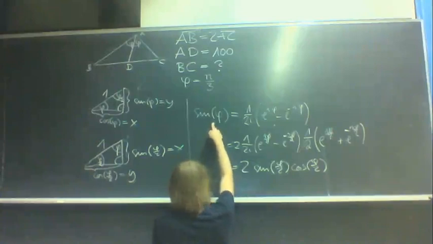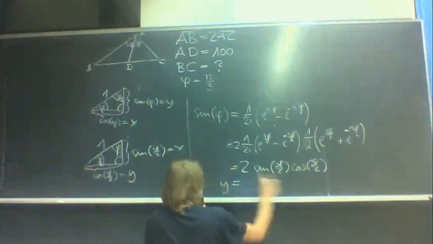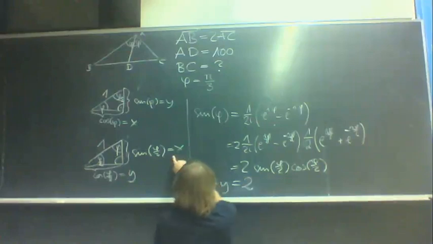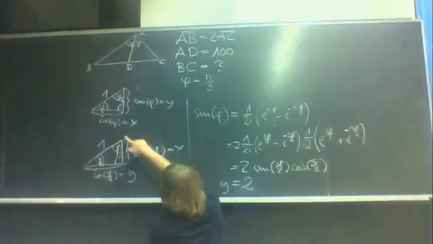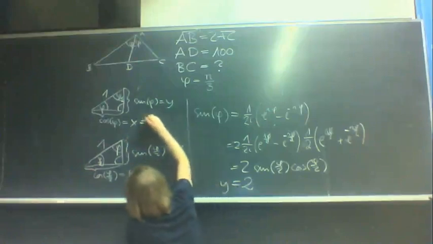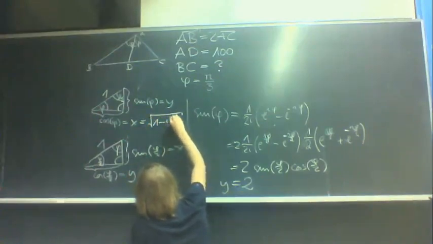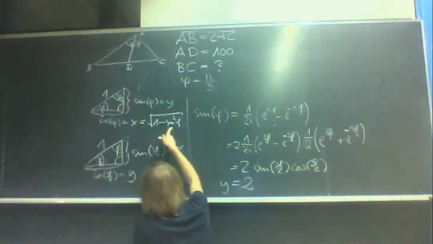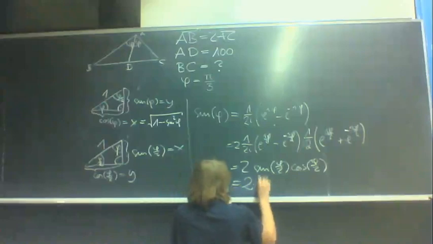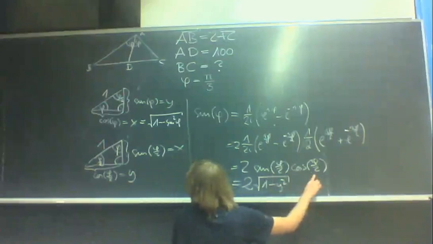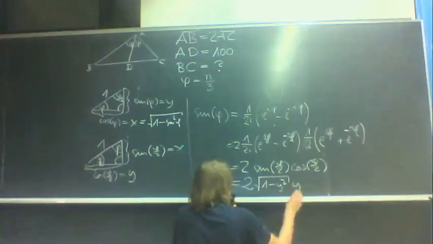And since we know this is y, and those are 2 times x, but x is nothing but cosine of phi, and cosine of phi is the square root of 1 minus sine squared of phi, but sine squared of phi is just y squared, so we have the square root of 1 minus y squared times cosine of phi over 2, this is just y.